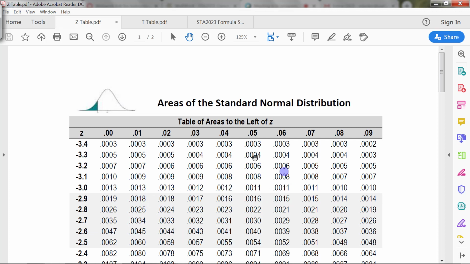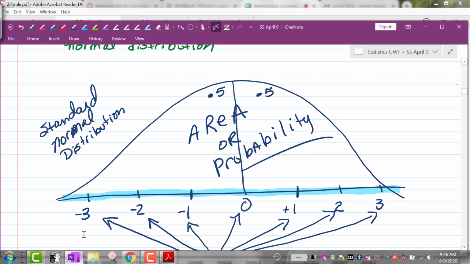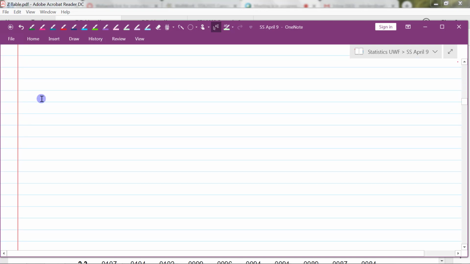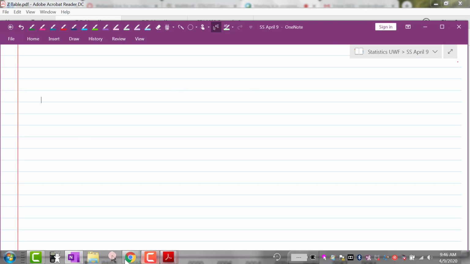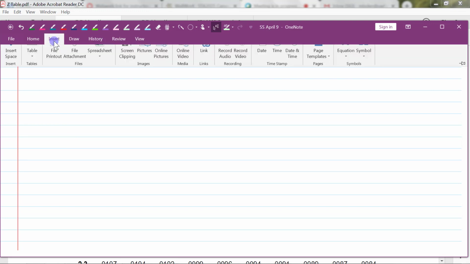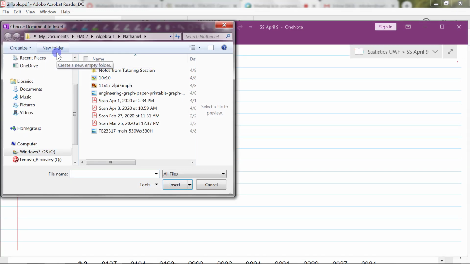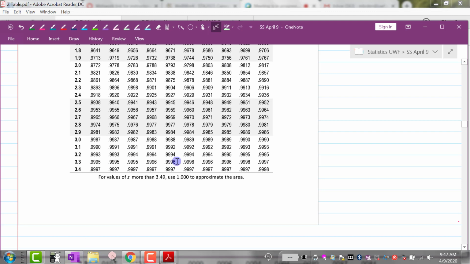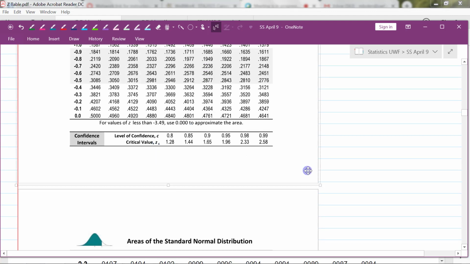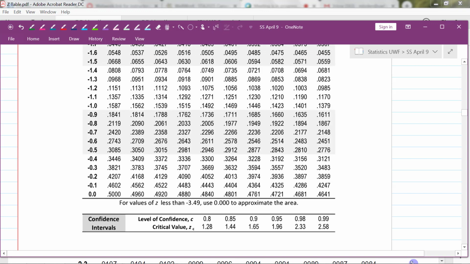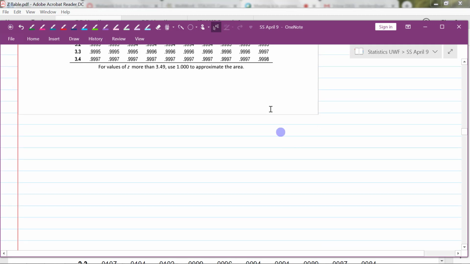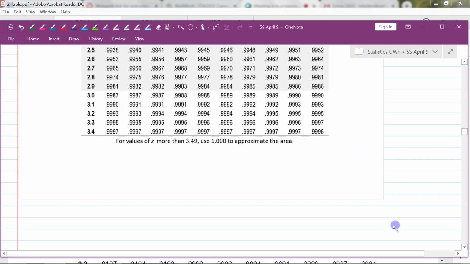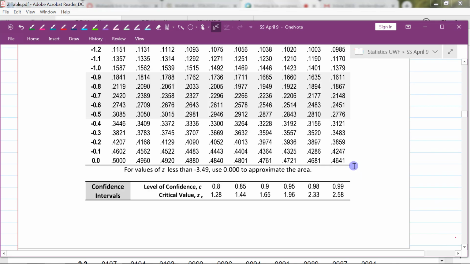Let me go ahead and insert a z table into the notebook here. Here are my tables inserted for us to use. Now I can write on them, and I think that'll help.